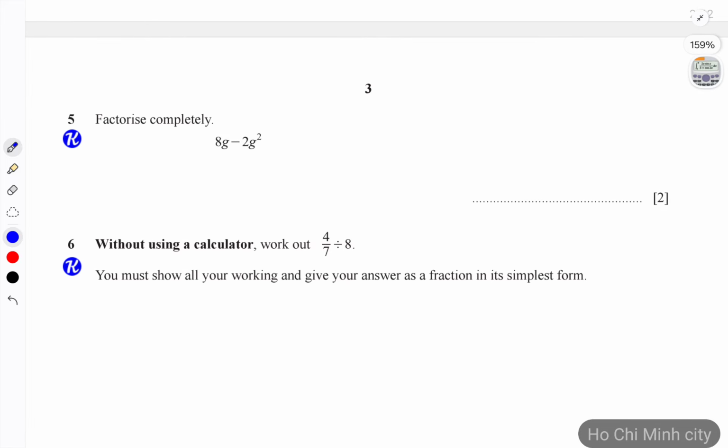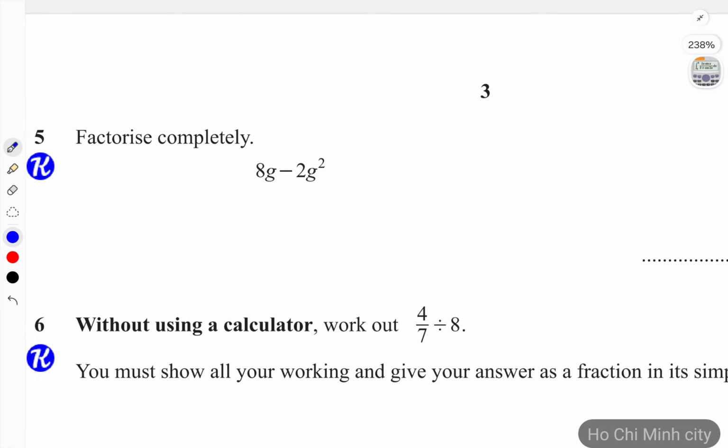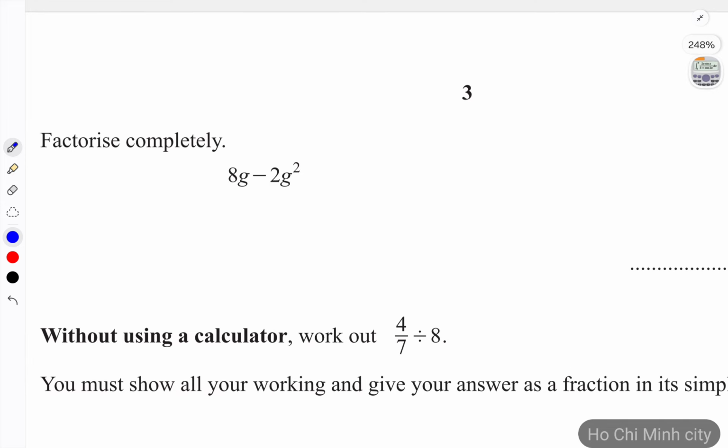Question 5 is about factorizing this expression. We have hg minus 2g to the power of 2. So let's put the common numbers outside, the common coefficient outside. So that is number 2, right?